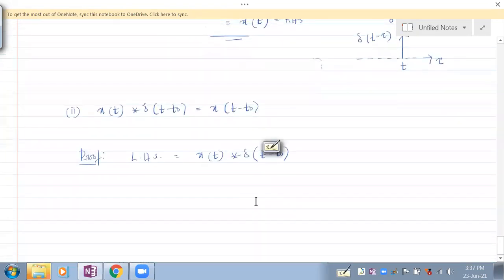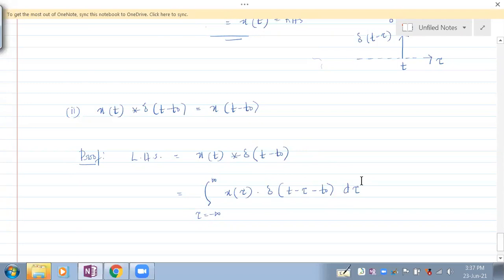Fine. So if we have the equation for this, how does it look like? So integration tau ranging from minus infinity to plus infinity, x of tau into delta of t minus tau minus t naught is how it looks like. Understand that? So this is d tau.